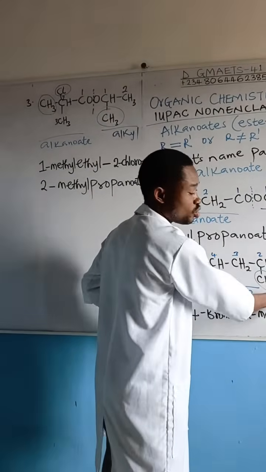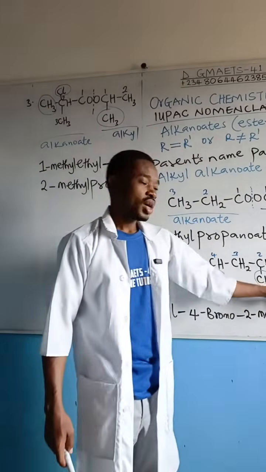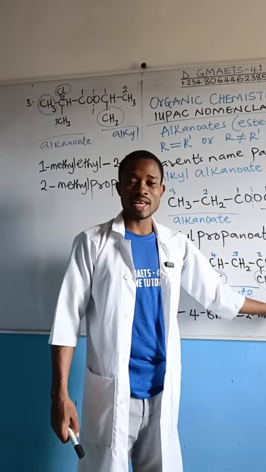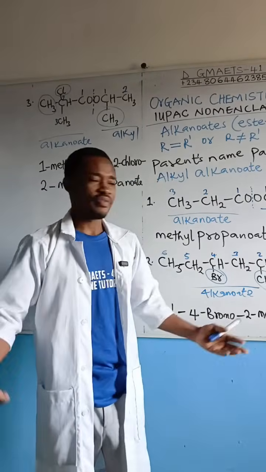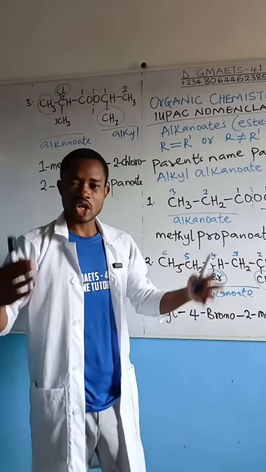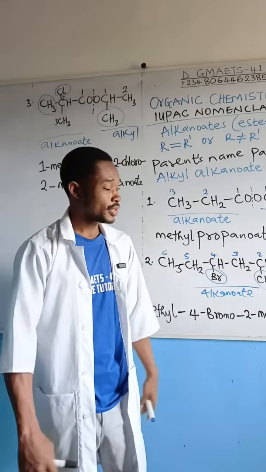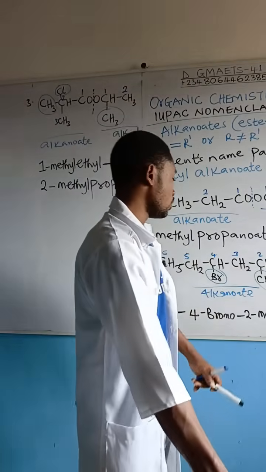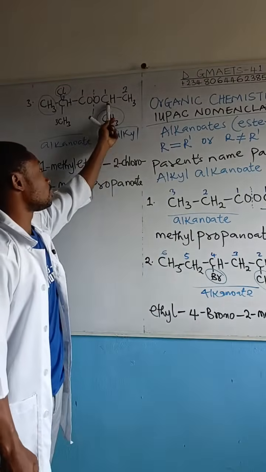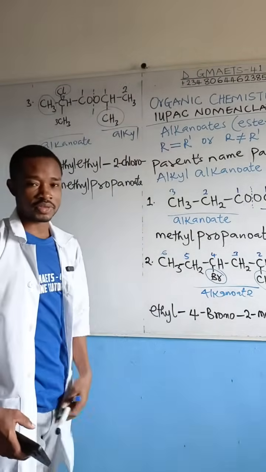Look at this, C2. There are 2 carbons. And I told you earlier that this was actually expanded CH2, CH3. But your examiner decides, however, to present this, whether in condensed form or to expand it. So 2 carbon atoms brought the ethyl in structure number 2. Then here 2 carbon atoms brought the ethyl in structure number 3.